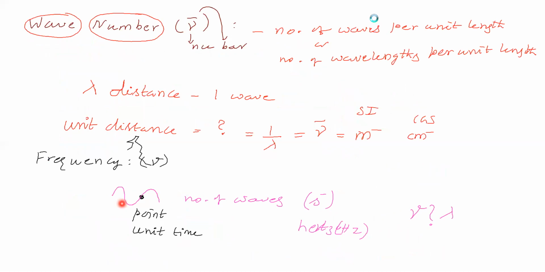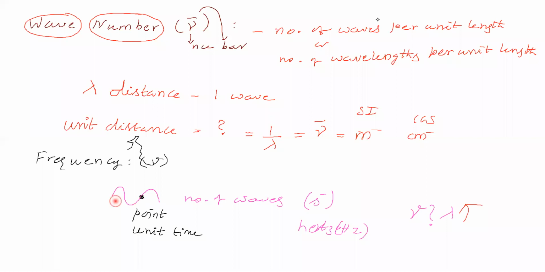If we take wavelength is high, wavelength is high means one wave is having a higher distance.